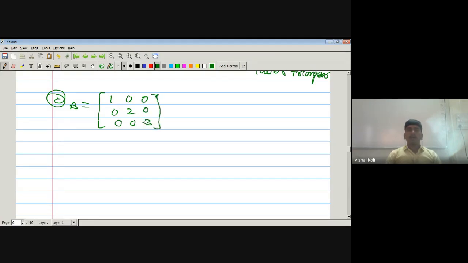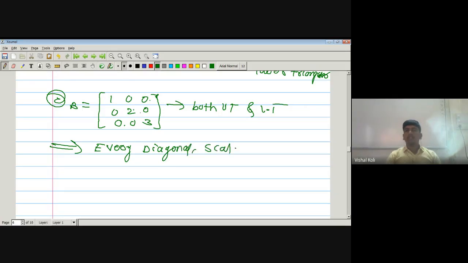As here all the elements above the main diagonal are 0 and all the elements below the main diagonal are 0, it is both upper triangular and lower triangular, which implies every diagonal matrix, scalar matrix, and identity matrix is both upper triangular and lower triangular.